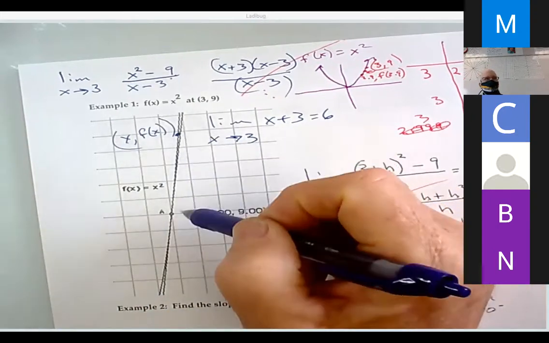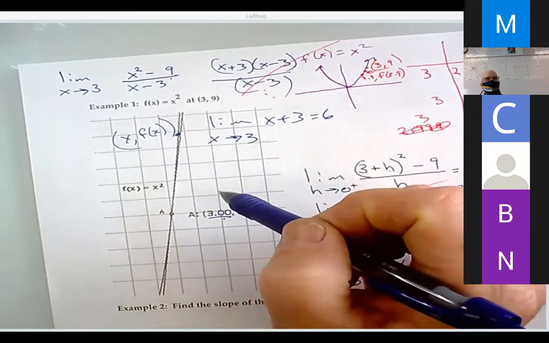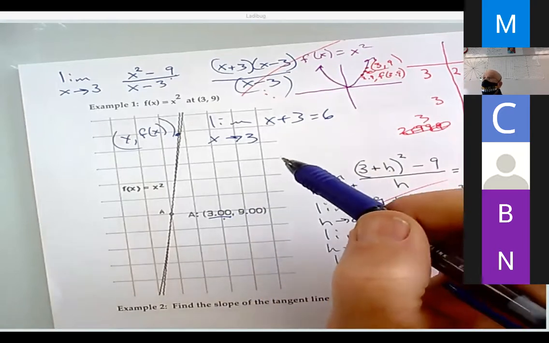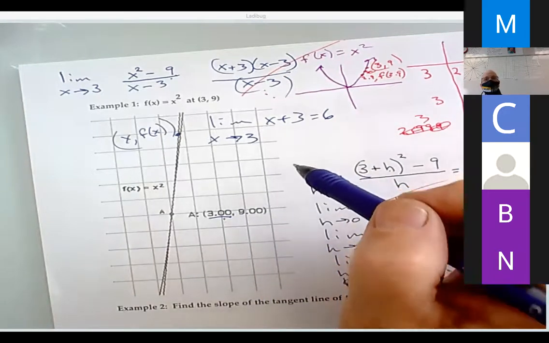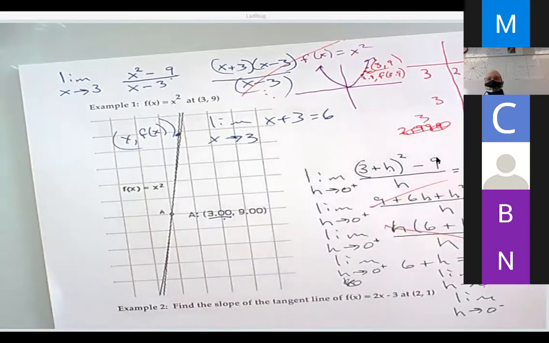Now, this tangent line is a line, correct? And I know it has a slope of 6, correct? What's the equation of that line? Heidi, what two things does every line have to have?